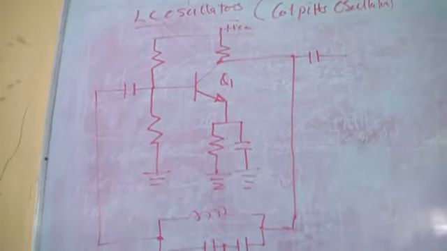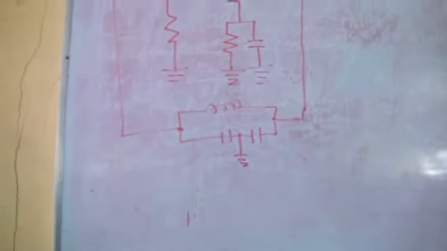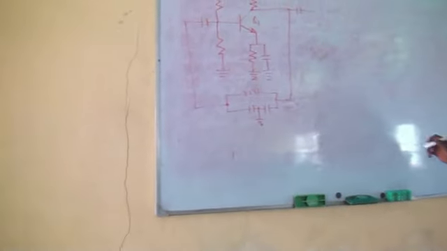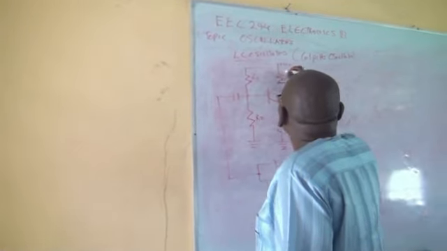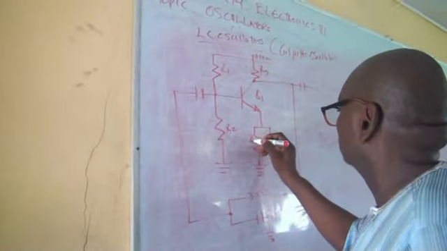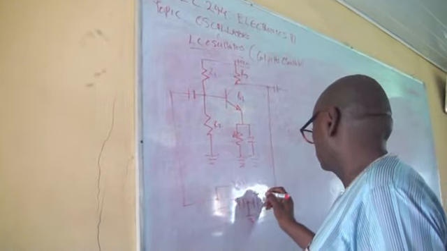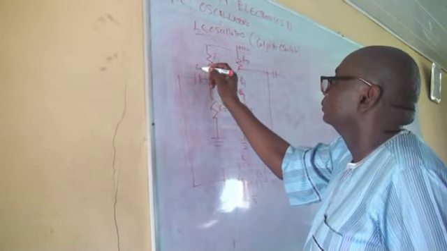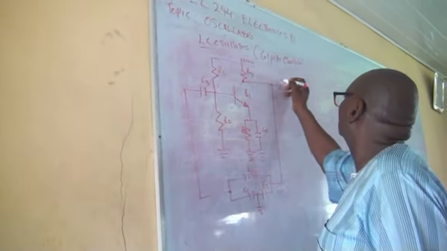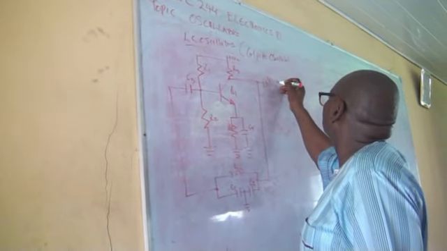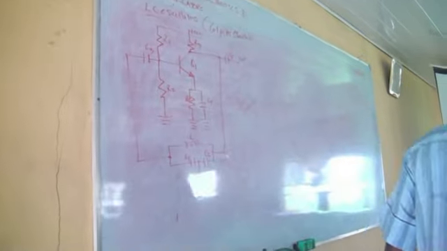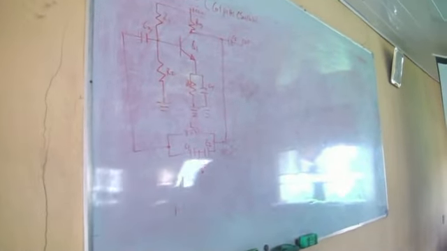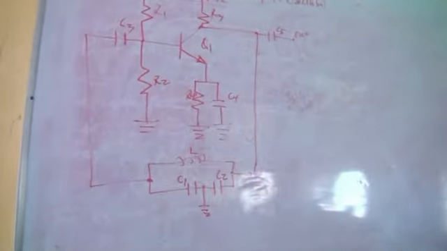From the numbering of this circuit, let me say this is R1, R2, R3, R4, C1, C2, L, C3, C4, C5, and this is your output. Are you seeing any input here? No. Because I told you that oscillators are circuits that don't necessarily need inputs.